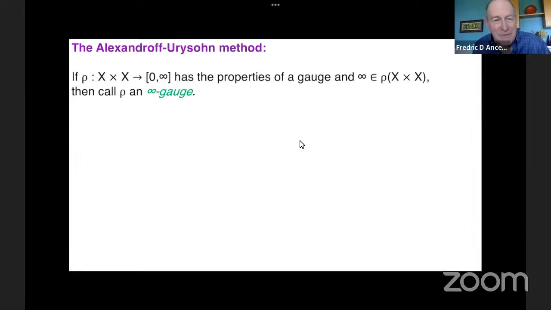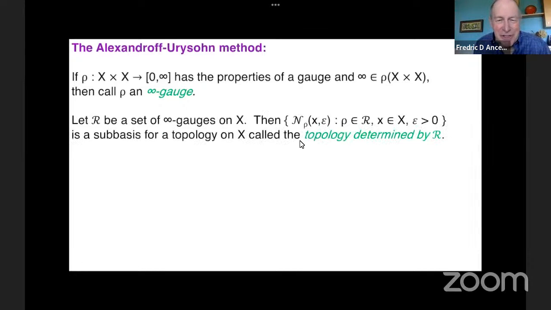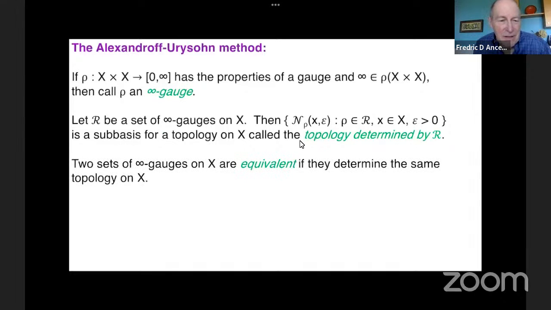Then I'll call it an infinity gauge. You can consider sets of infinity gauges. They will determine a topology because they determine a subbasis for a topology. And you can say two sets of infinity gauges are equivalent if they determine the same topology.